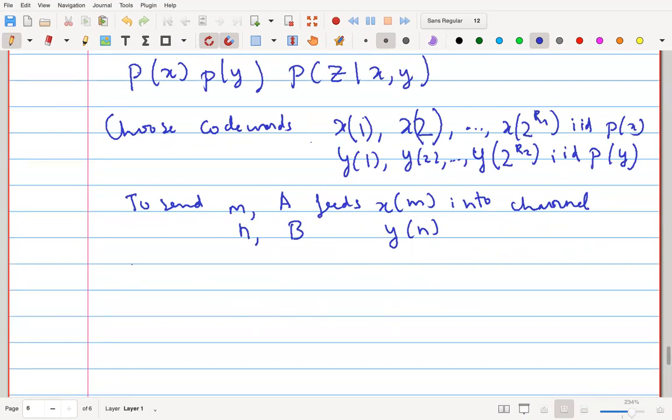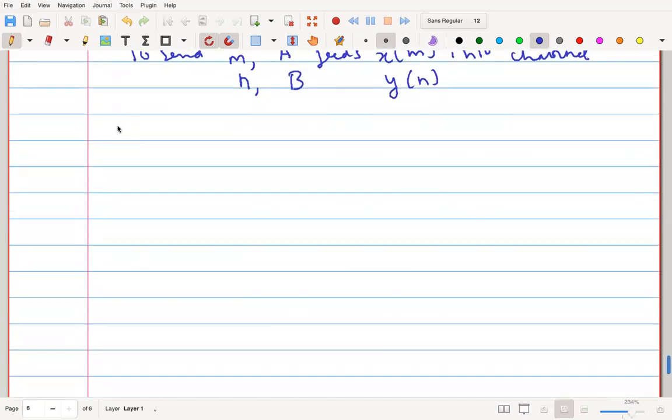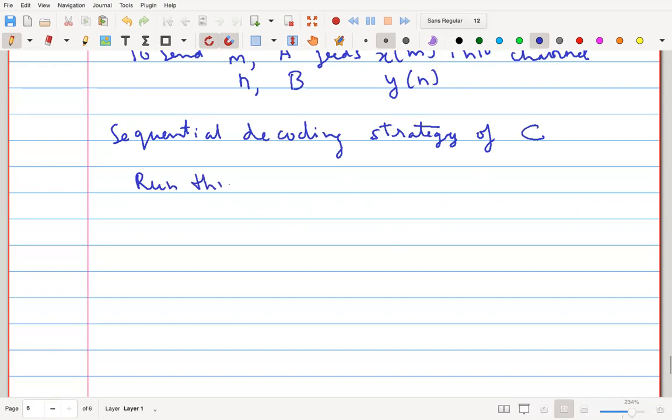So the algorithm for the decoding is to run through all the candidate message pairs m hat, n hat, in some lexicographic order.